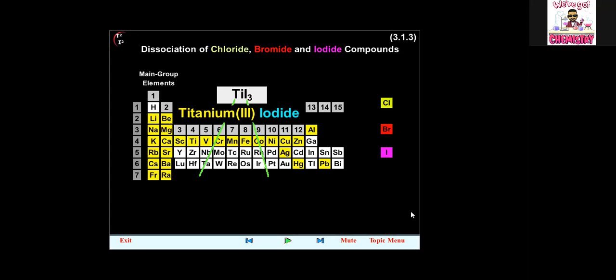When dissolved, it breaks down into Ti+3 aqueous and 3I- aqueous. Remember, the 3 comes from 3 iodides, picking the 3 electrons from titanium. All right, and this aqueous is always written for ionic equations because this is in water. That means the substances are dissolved in water. Anything dissolved in water becomes aqueous.